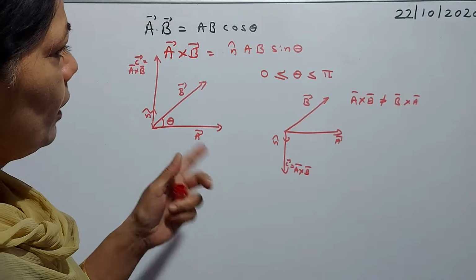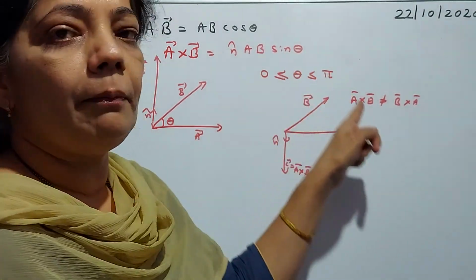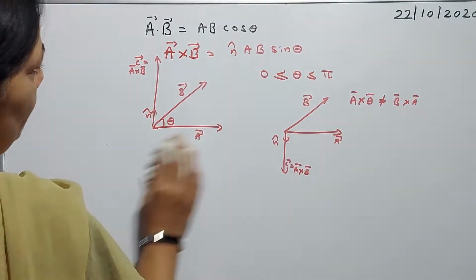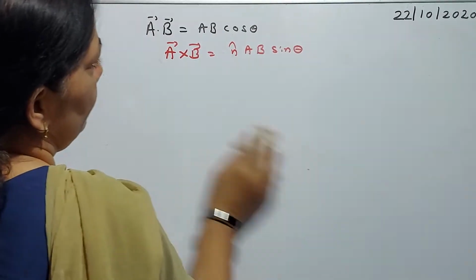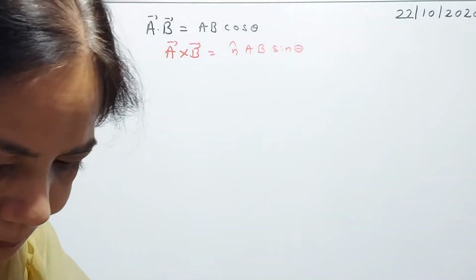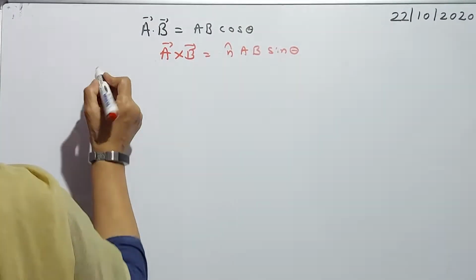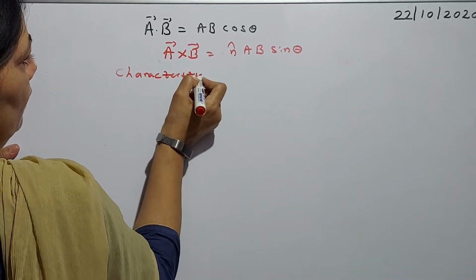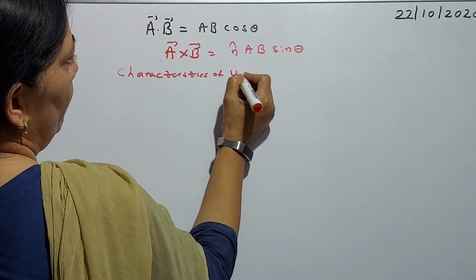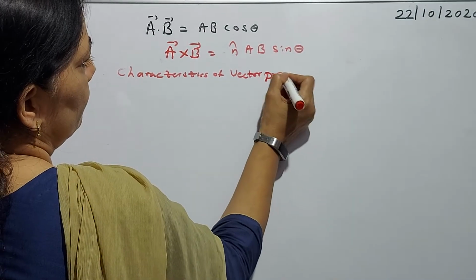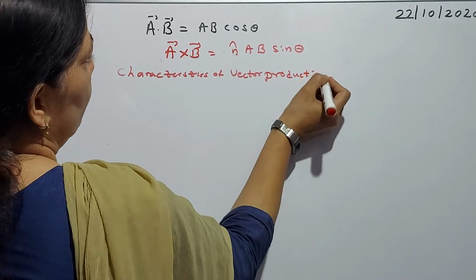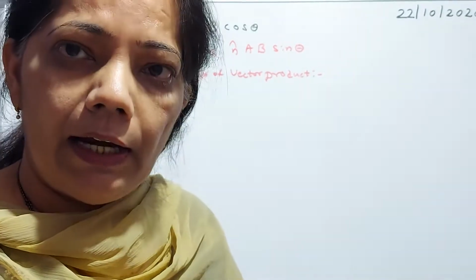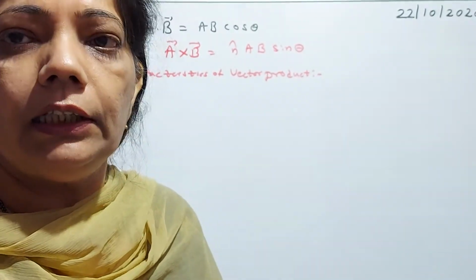Very sorry. So over here now, as we know theta lies between 0 and pi, we have to define the characteristic of vector product immediately. If I say that the two vectors, vector A and vector B, are parallel to each other, so sine theta will be 0.